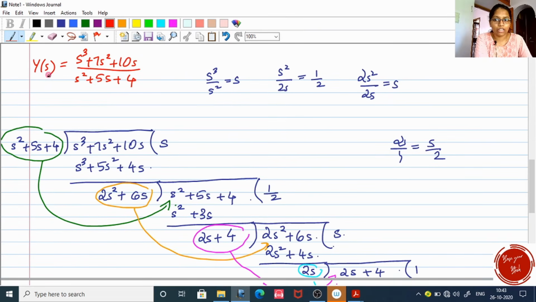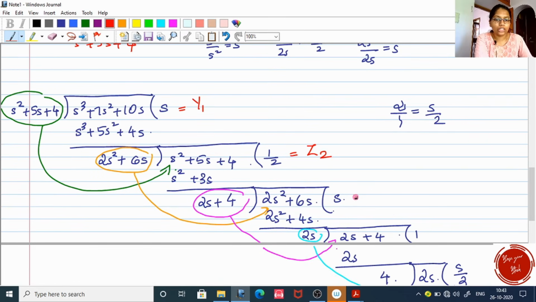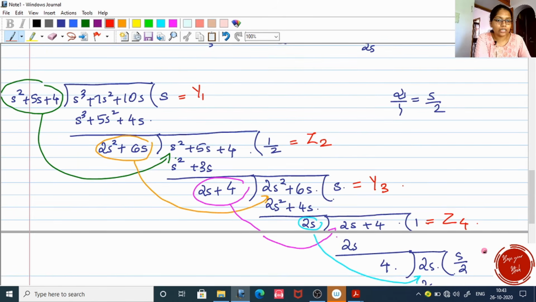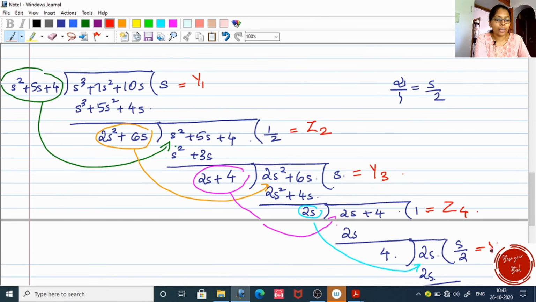So the first quotient becomes y1, the second quotient becomes z2, and the third quotient is y3. That is, alternately write y and z, y, z, y, and the next letter will be z, but continue writing the numbers 1, 2, 3 and 4, and the next quotient is y and the number is 5.